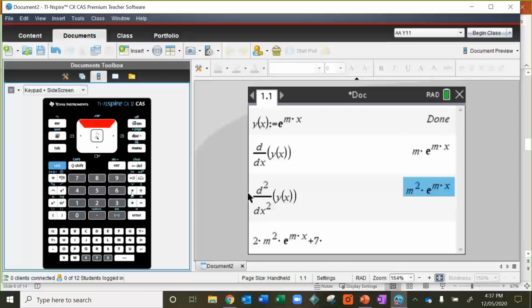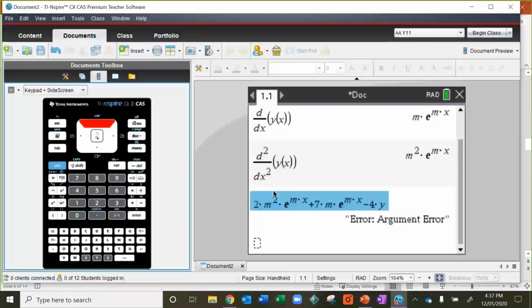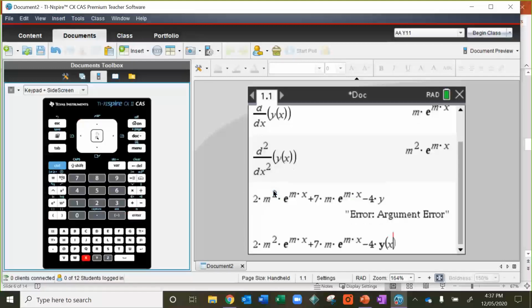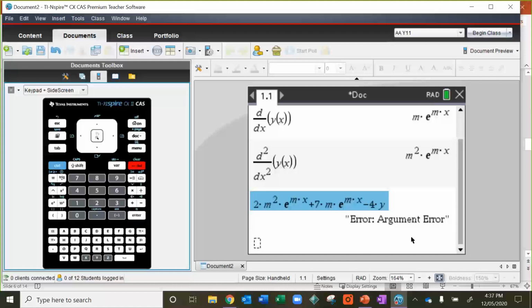Here the expressions are not in brackets, so they are just single terms, so we go plus 7 times the first derivative, and finally we have minus 4 times the function itself, so we just go minus y, and we need to put minus y in x, so that's better, and we get our equation. I deleted the wrong one, try again.